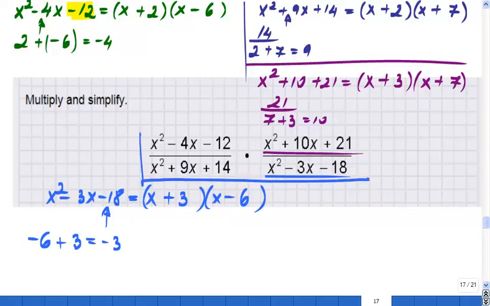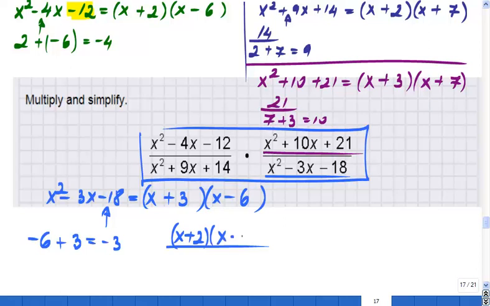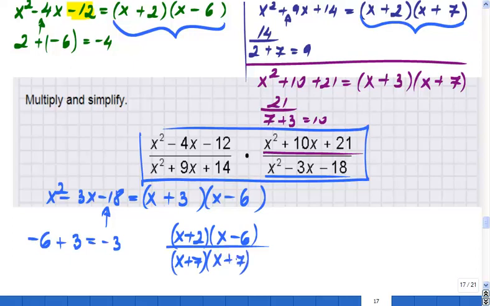Okay, and now we can rewrite your whole problem as x plus 2 times x minus 6, right? We got this up here, over x plus 2 times x plus 7, multiply fraction line.